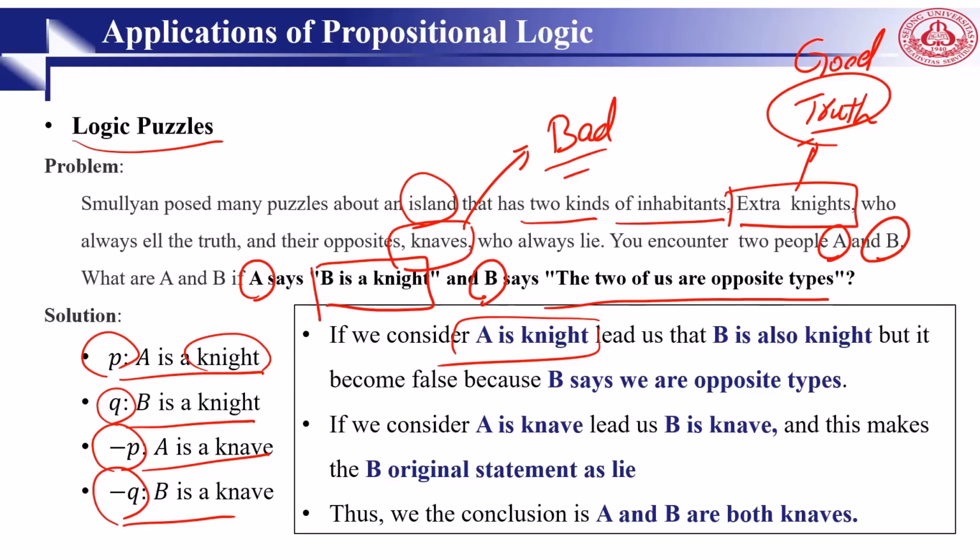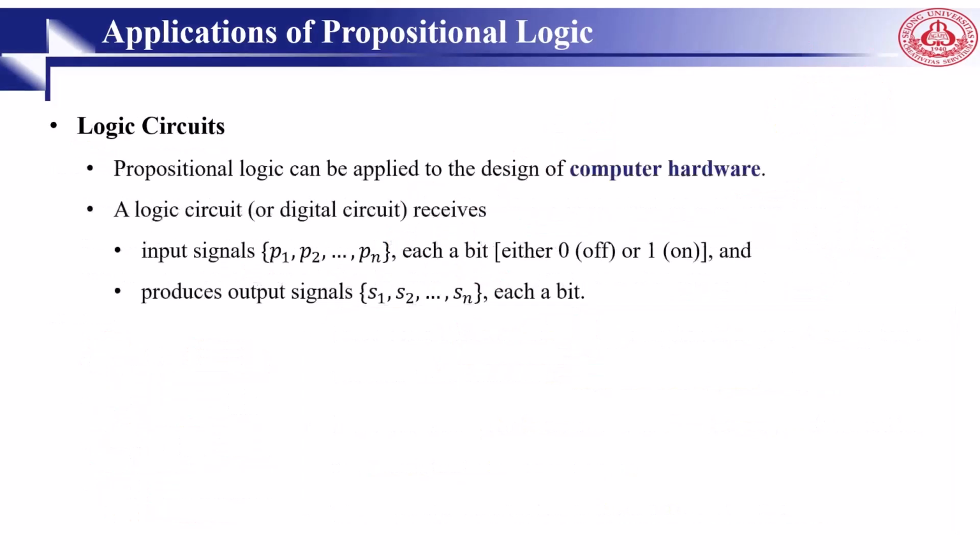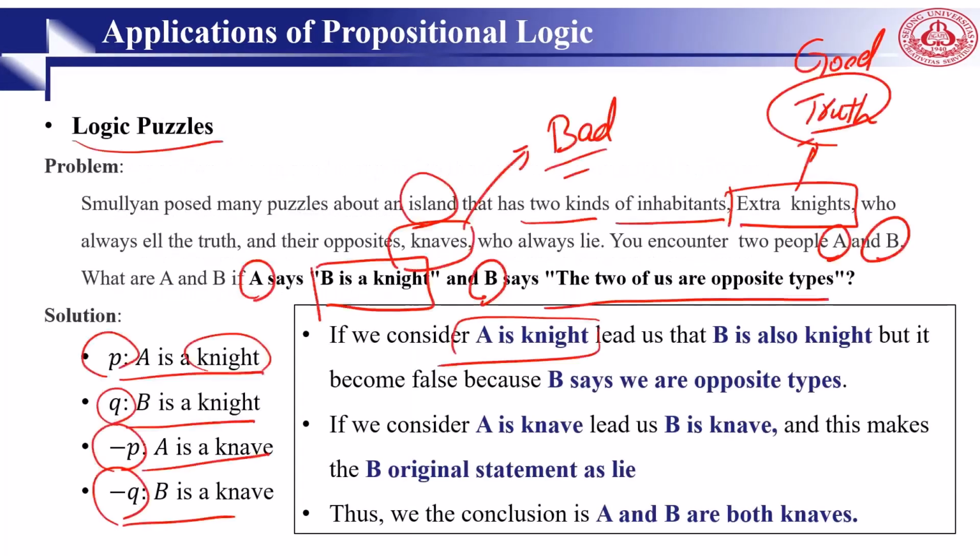If A is a knight, then he is telling the truth when he says that B is a knight, so Q is true, and A and B are the same. But this is not the fact. If B is a knight, then they should not be the same, right?